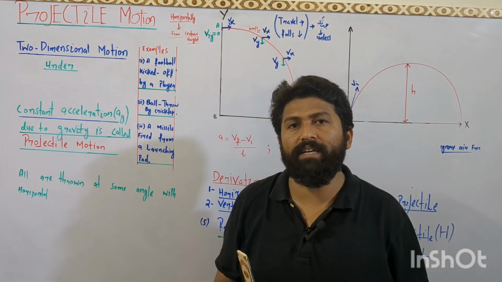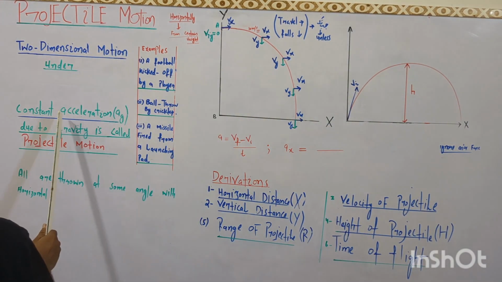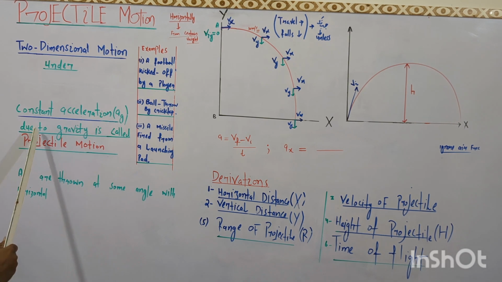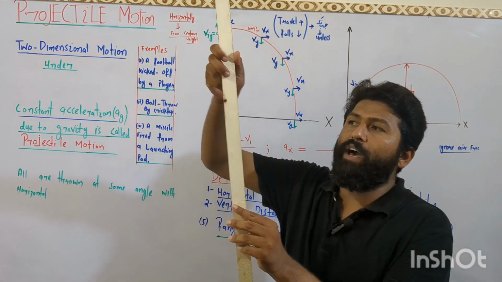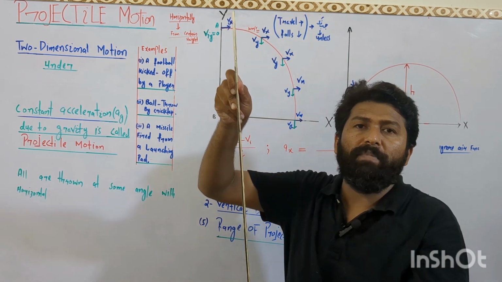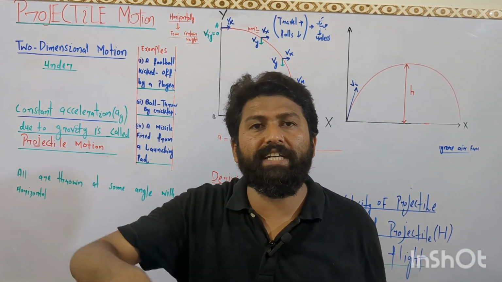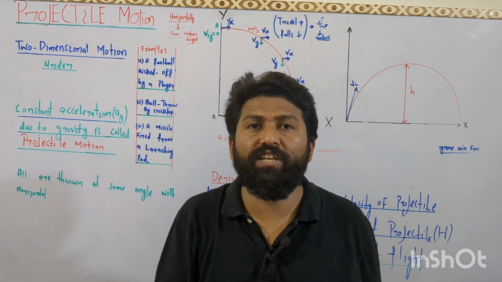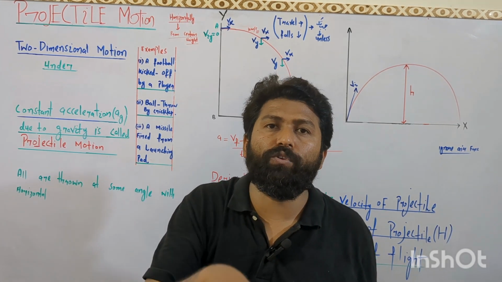Projectile motion is two-dimensional motion under constant acceleration due to gravity. Gravity always acts along the y-axis, because Earth attracts everything towards itself. Earth has a gravitational pull, an acceleration due to gravity.